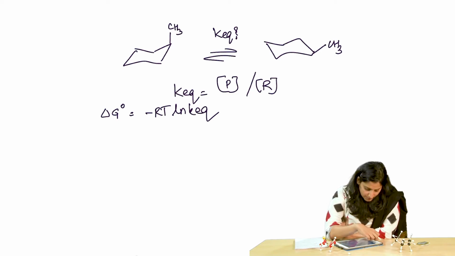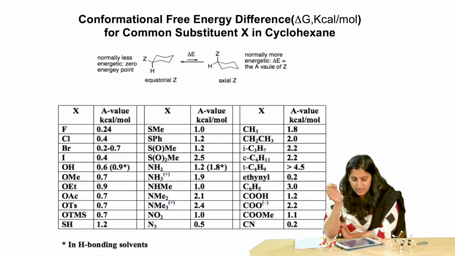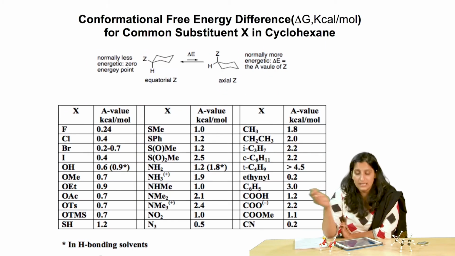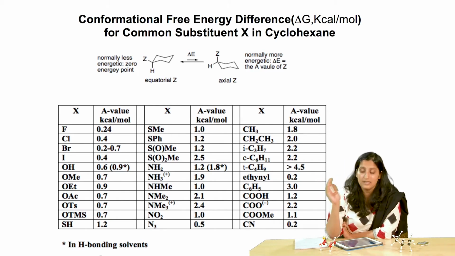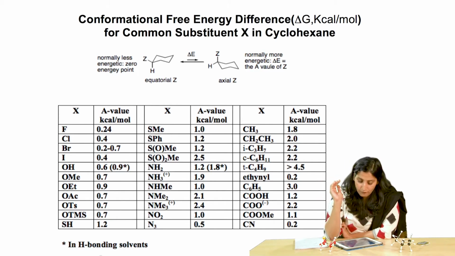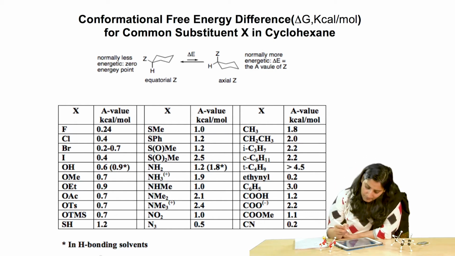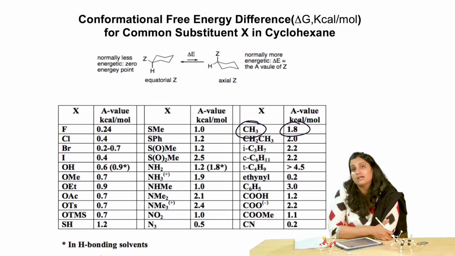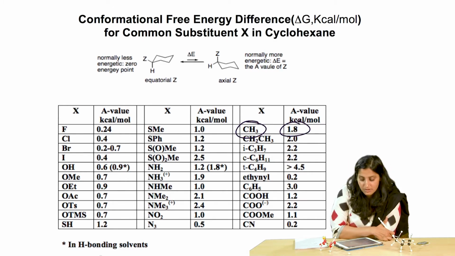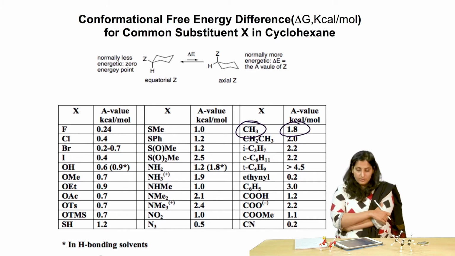This particular table is called the table of A values, which basically tells you, as we go from axial to equatorial, what is the delta G0, or how much is the free energy difference between the axial and the equatorial forms of that particular substituted cyclohexane. So, if I look at the methyl group here, it looks like a 1.8 kilocalories per mole difference between the axial and equatorial.